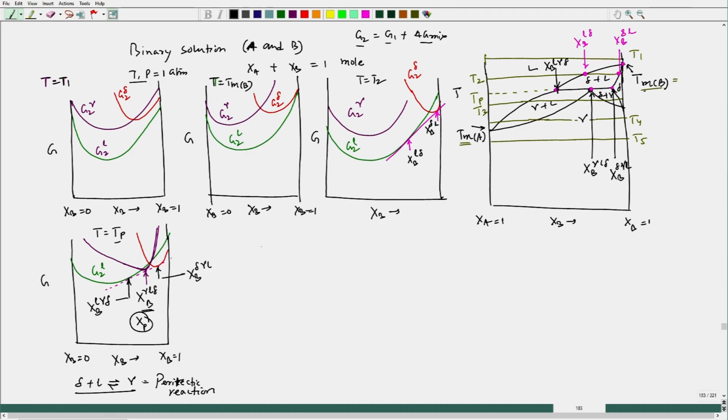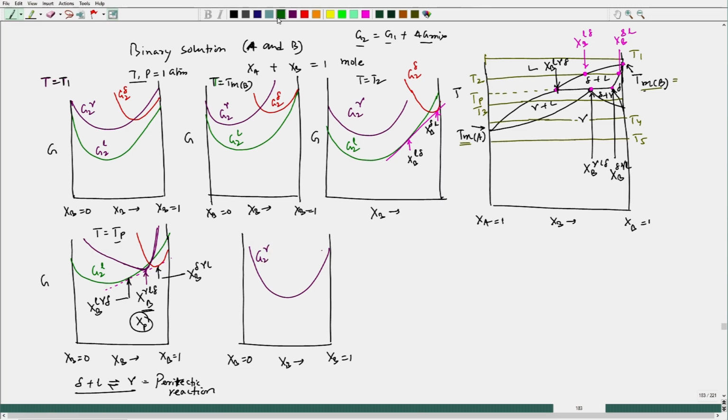Now, if I do it at, this is X P, X P equal to 1, X P equal to 0, and now at T equal to T3, we will have a typical plot like this. So, now this is gamma line, G2 gamma.